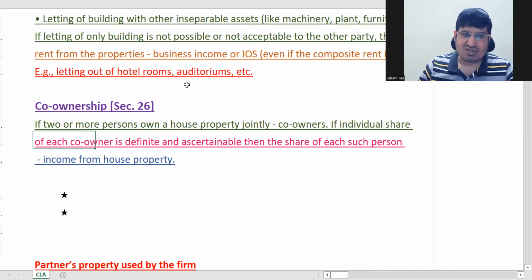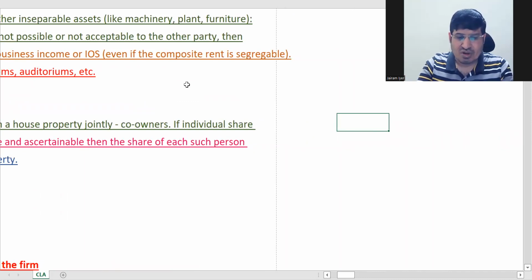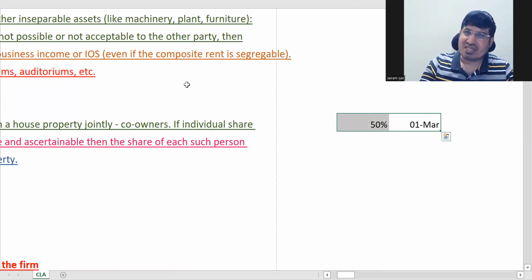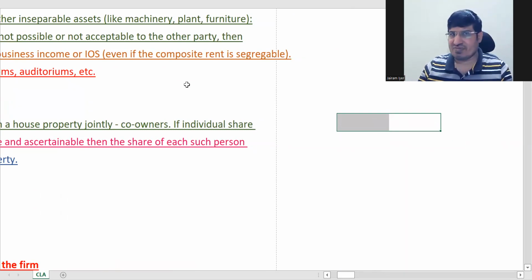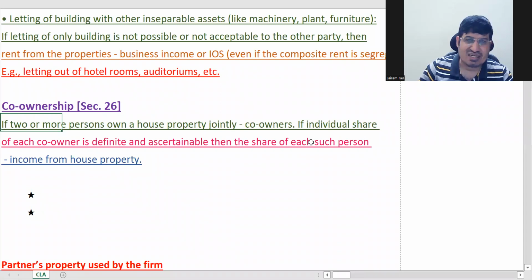The share of each co-owner is definite and ascertainable. Normally, when nothing is mentioned and you are just co-owners, you're always 50% co-owners. If there are two people, 50% each. If there are three people, a one-third share each. If nothing is mentioned, it is always equal. So the share is always definite and ascertainable that way.